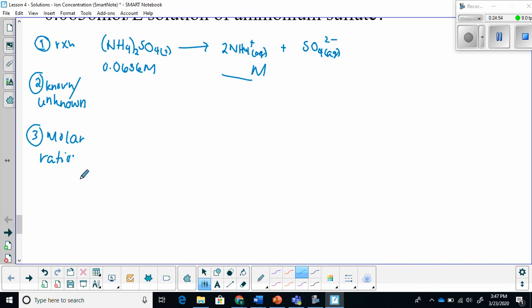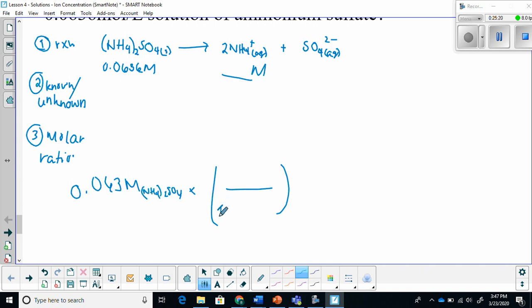Okay, so start with what you know. I know that there is 0.0636 mole per liter of ammonium sulfate, (NH4)2SO4. From here, you're going to use your molar ratio.